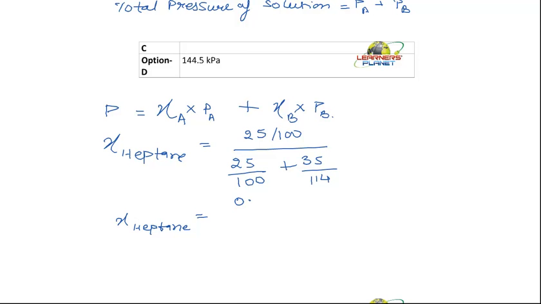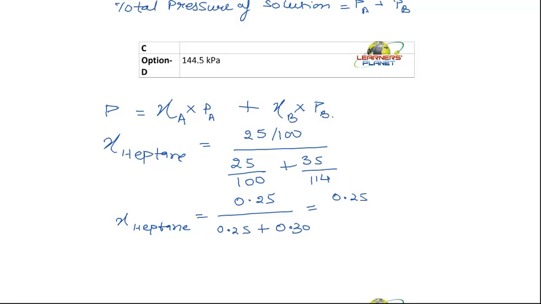So that is approximately 0.25 divided by 0.25 plus, it should be 0.3, approximately 35 divided by 114. So I was right, my approximation 0.30.